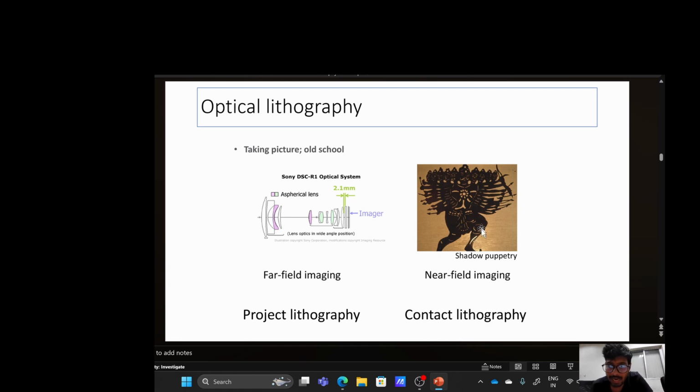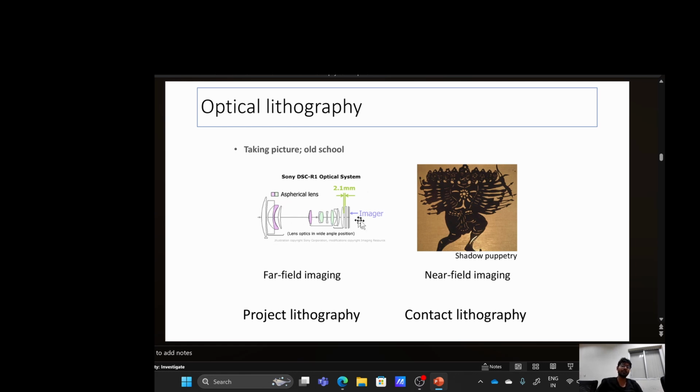Another is near field imaging, or contact lithography. In projection lithography, the image of the object is made to fall on the imager by means of a series of lenses and optical means.